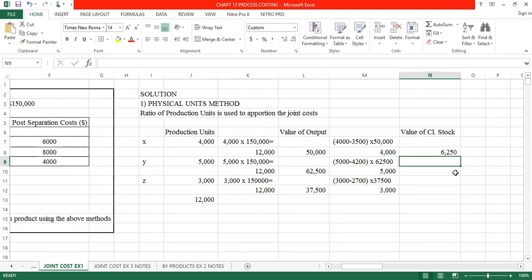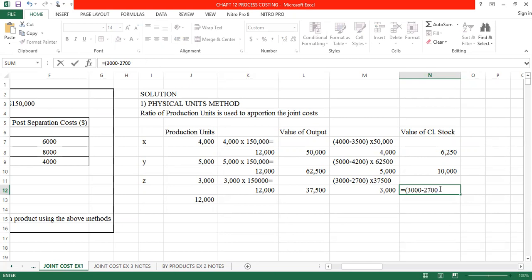So we get that. The next one, I'm just repeating the same process: 5,000 minus 4,200, divided by 5,000, times 62,500. So it gives you the answer. The last one is 3,000 minus 2,000.